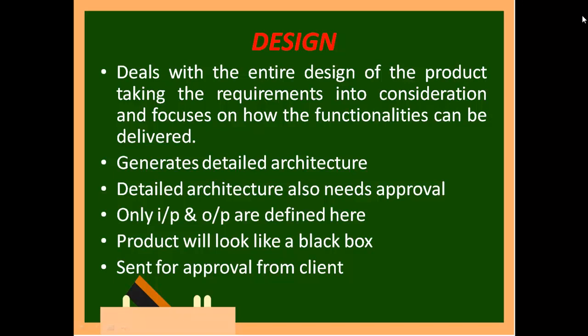Now only inputs and outputs will be defined here. I am again repeating, don't confuse design here with software people or hardware people. Here design is only by management people. They don't know hardware or software. They will think, this is the input given, what will be the output. So it is like a black box approach. Then they will send it for approval to the client and ask, okay, this is all I am giving, this is coming out, whether you require this.